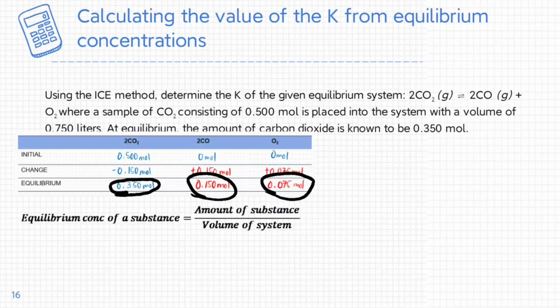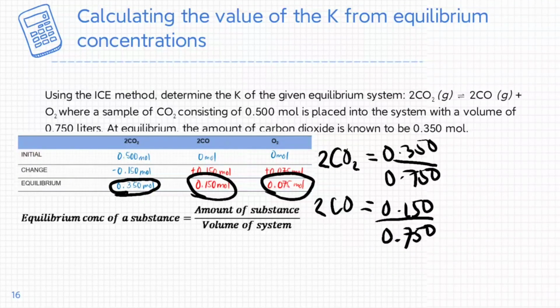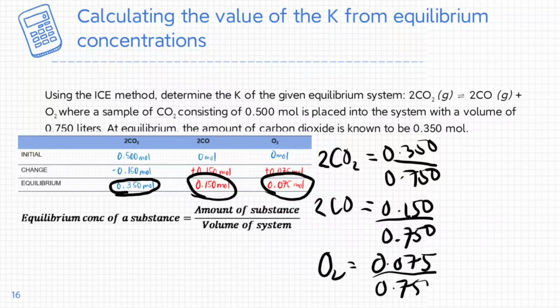Okay, so let's try to compute. So for 2CO2, you get 0.350 over 0.750. For carbon monoxide, you'll get 0.150 over 0.750. And then lastly, yung oxygen gas, you get 0.075 over 0.750.